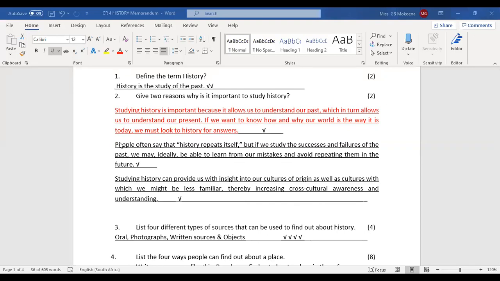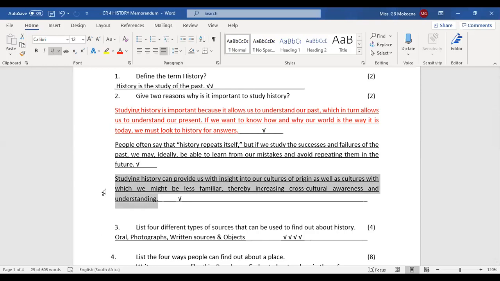So another answer that I wrote, let me highlight it, is that studying history can provide us with insight into our culture of origin, as well as cultures with which we might be less familiar.